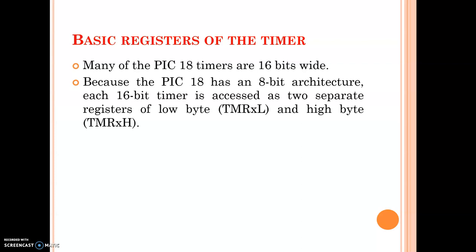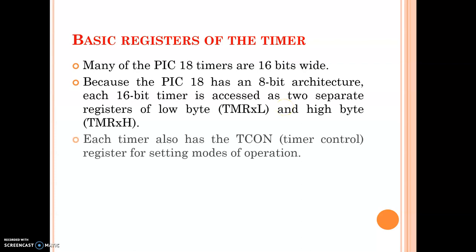Those are called the low byte, which is indicated as TMRxL, where x will be replaced by the timer number which goes from 0 to 4, and the high byte, TMRxH, again the same. Each timer also has a TCON register, called the timer control register, for setting the different modes of operation.